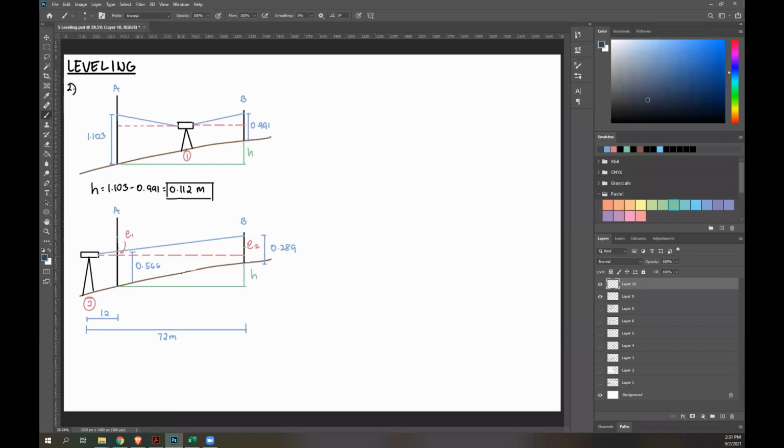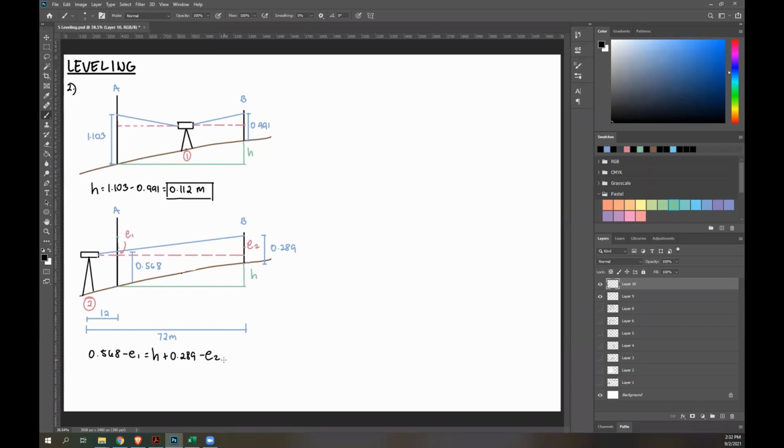Okay. So like what we did in the previous question, in order to make an equation, we'll compare the left and the right side. So we'll compare this to this. So that would be 0.568 minus E1, that's getting this length, is equal to H plus 0.289, that's this total length, minus E2 to get just this.